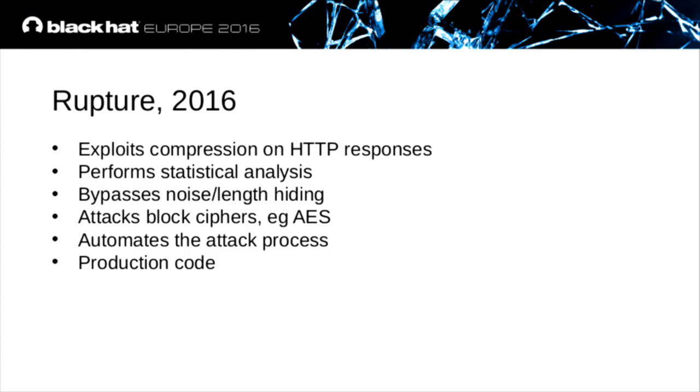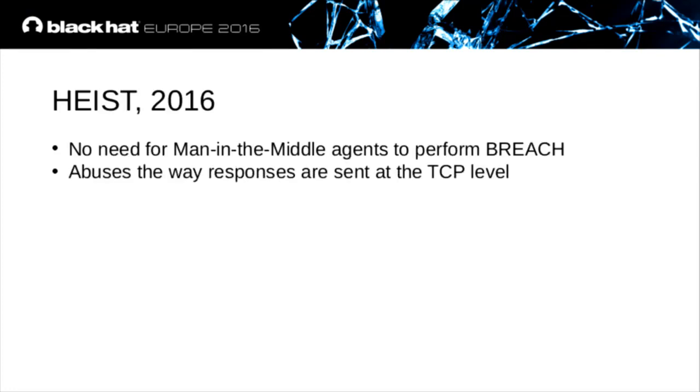It attacks block ciphers, AES, and in order to achieve that, it performs statistical analysis and bypasses noise and length hiding. So even in the latest versions of TLS 1.3, RAPTOR is still possible. RAPTOR is a production code framework which automates the attack and makes the process much easier.